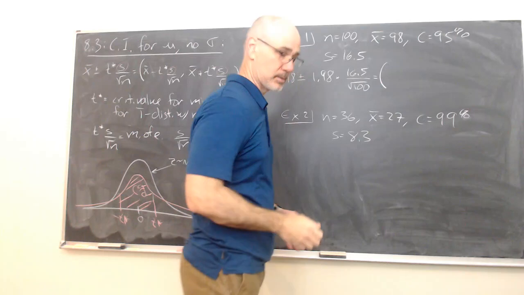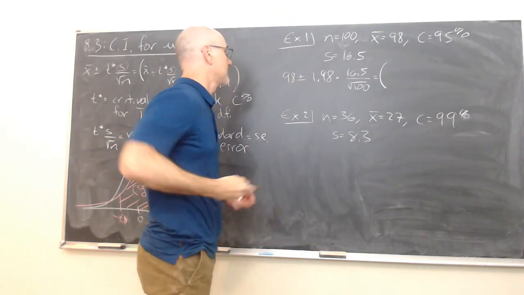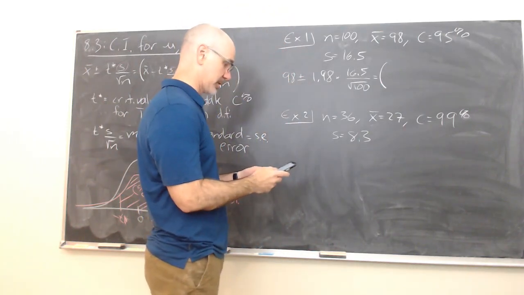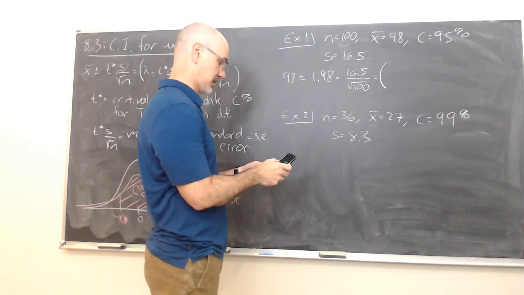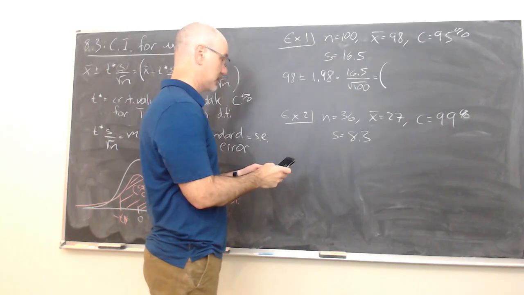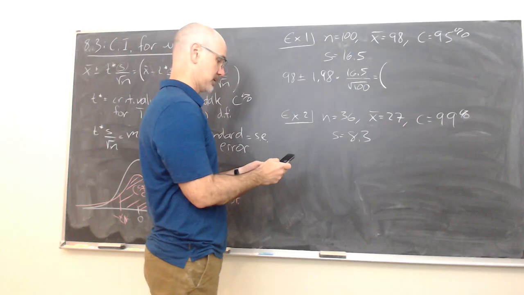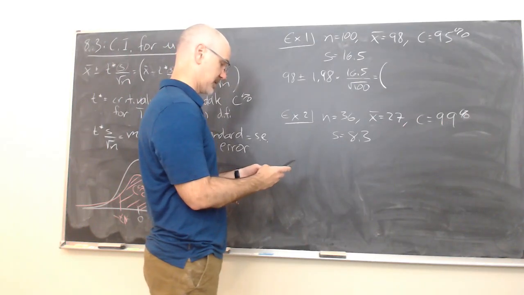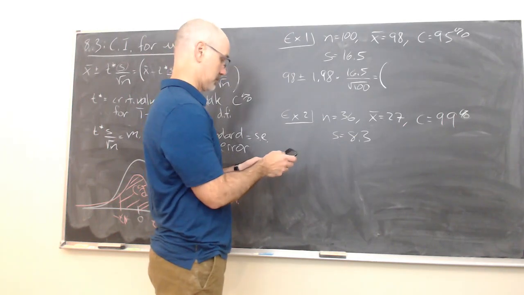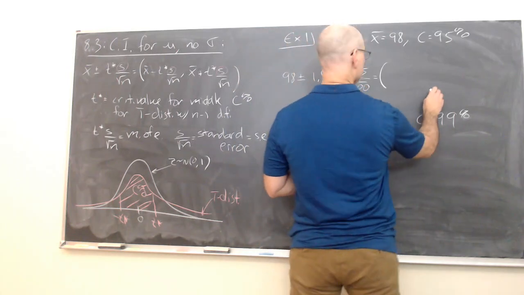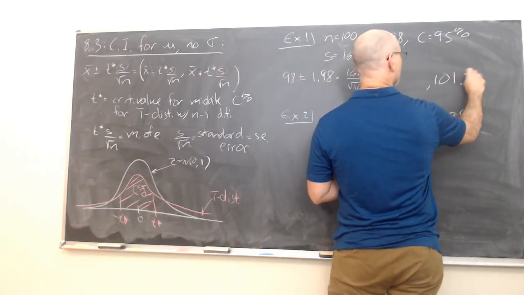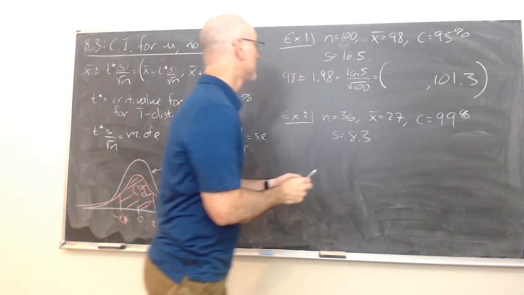And then if I use my calculator, I can get the actual endpoints of the interval. So let's see, I'm going to have 98 plus 1.98 times 16.5 divided by 10, which is 101.267. Use 3 for that.